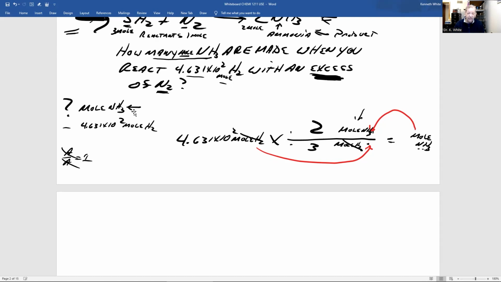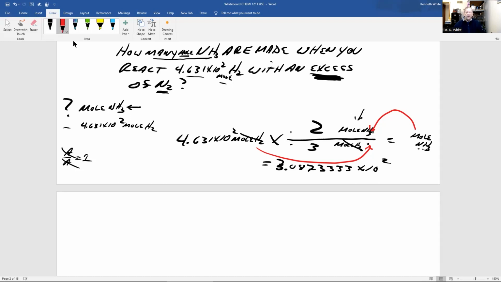Divide that by 3. And my calculator gives me this number: 3.0873333333. Actually, there are a few more threes, but I didn't write them all down.